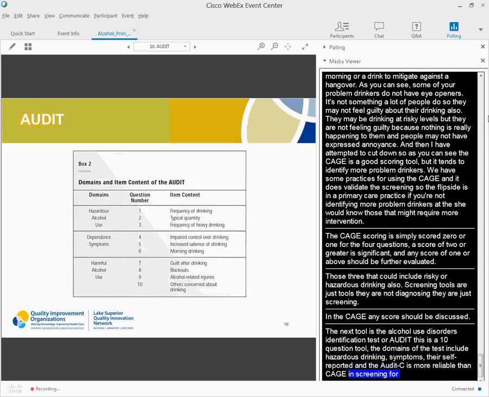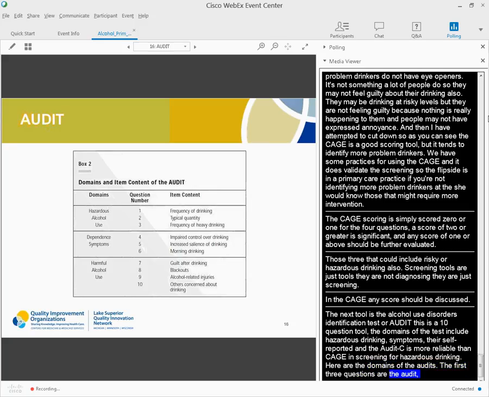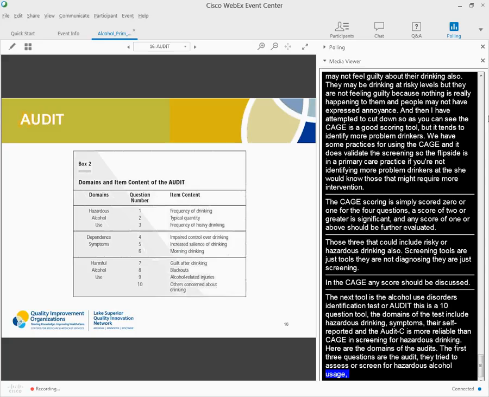Here are the domains of the AUDIT. The first three questions of the AUDIT contain questions that try to assess or screen for hazardous alcohol use, frequency or type of drinking, the typical quantity, frequency, heavy drinking. Questions 4 to 6 look at dependency symptoms, impaired control, loss of control, morning drinking.